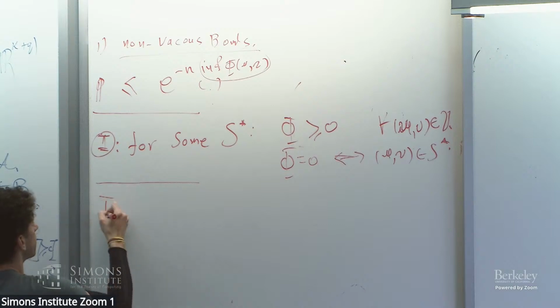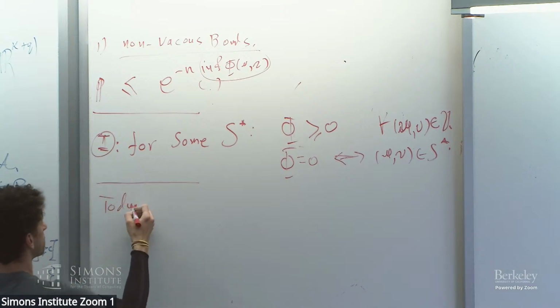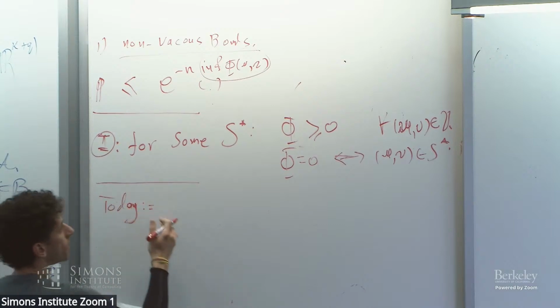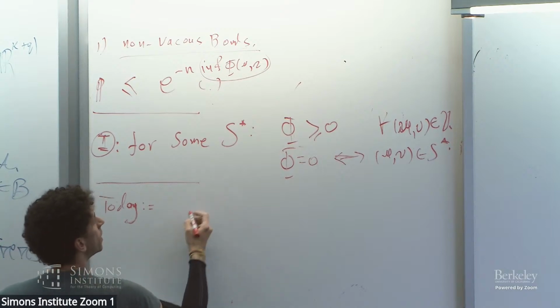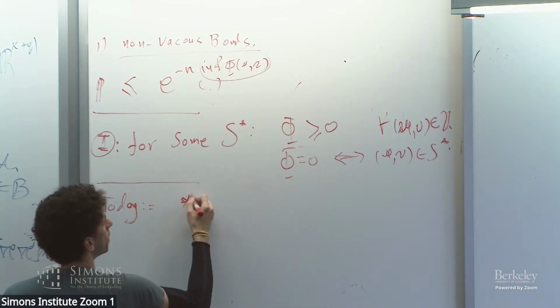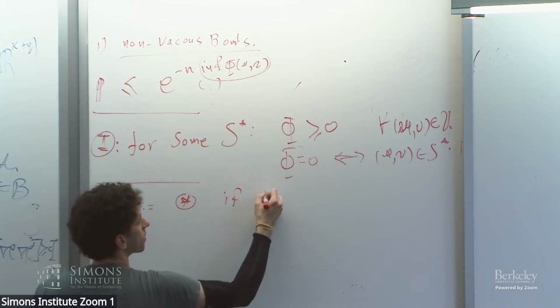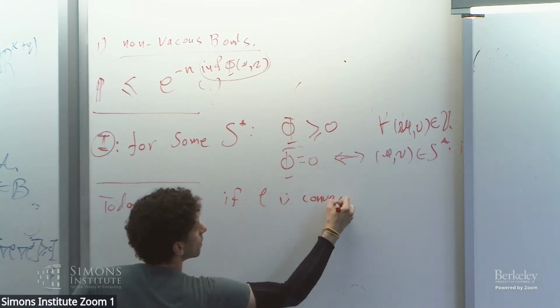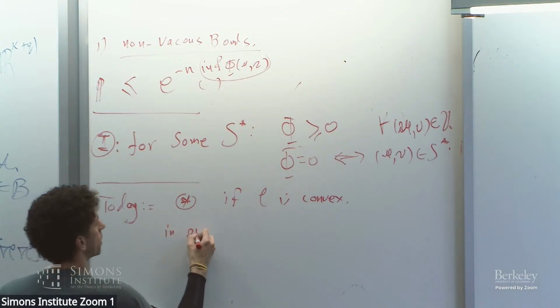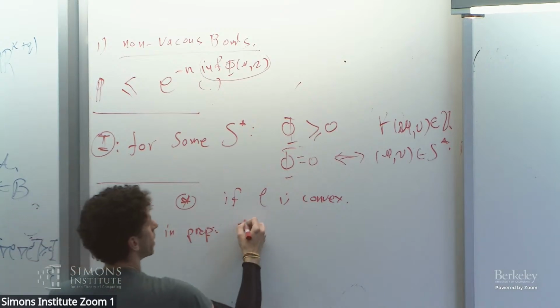I don't know how much of it I'm going to get through, but today I would prove star if L is convex. And in preparation, I have a result for L non-convex.